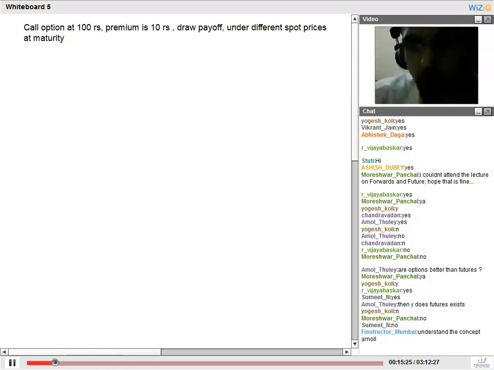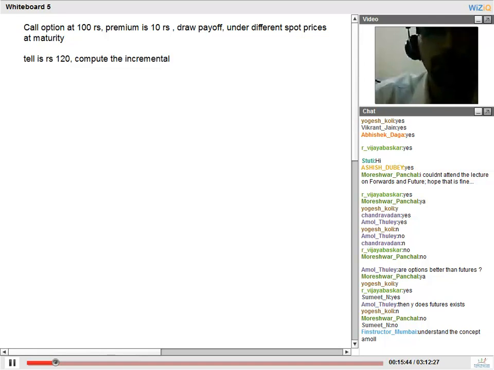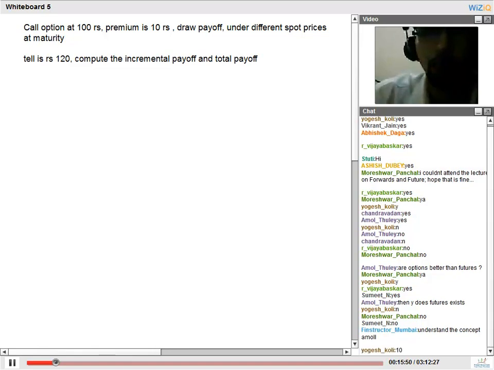It can end up at 100, it can end up at 120, it can end up at 90, it can end up at 0. So tell me, just to begin the discussion, if the price actually is 120 rupees, compute the incremental payoff and total payoff for the buyer.